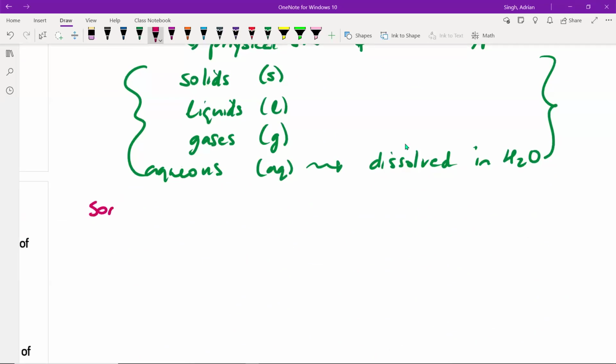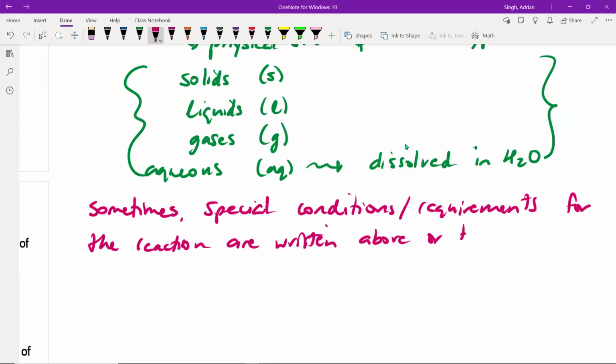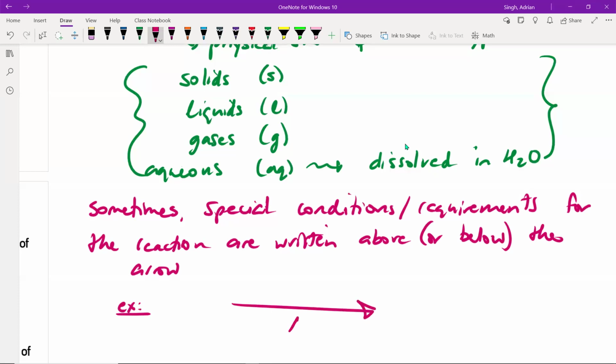Sometimes special conditions we'll see is a triangle, either above or below the arrow.